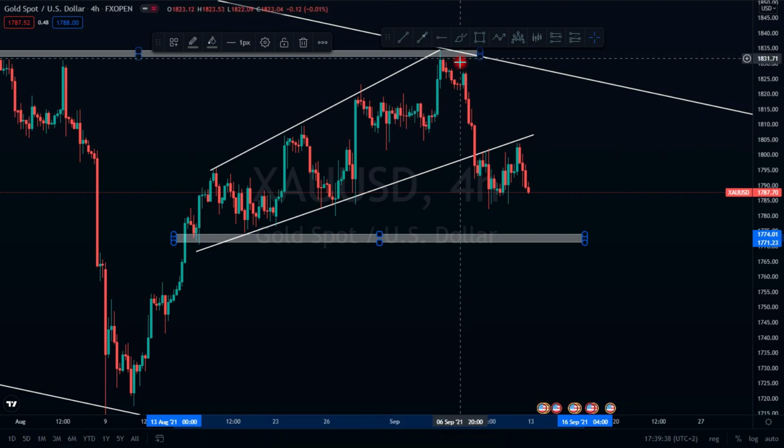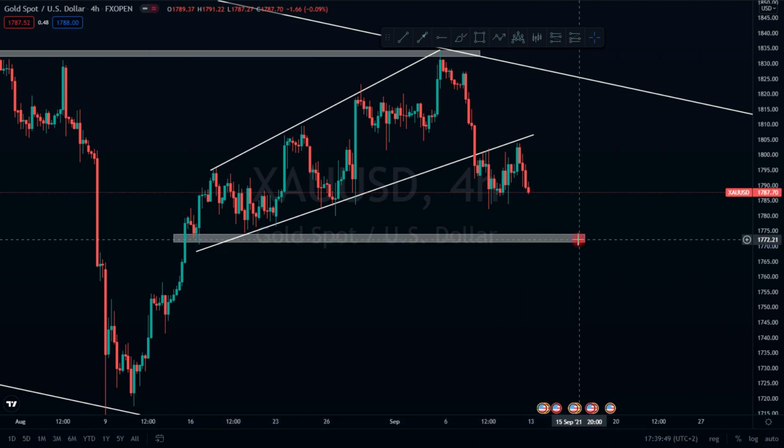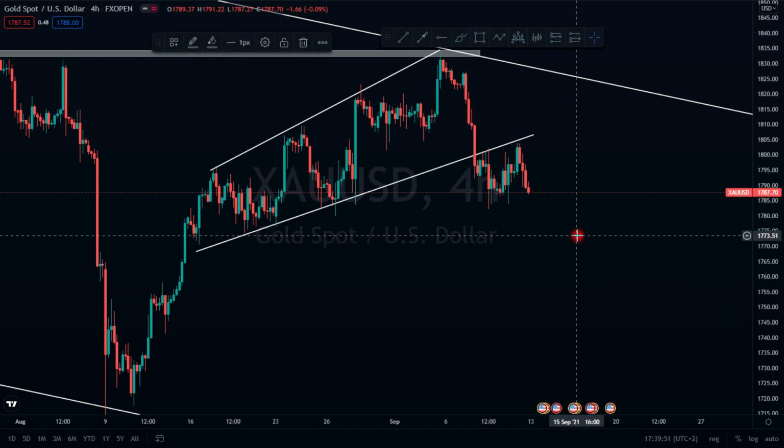So now here we had this move to the downside, and then you can see it seems like gold is preparing for that correction that we are talking about. However, we are not even 100% sure that it will happen like that. Let us switch to a smaller time frame to see if gold is trying to correct, then what would happen.